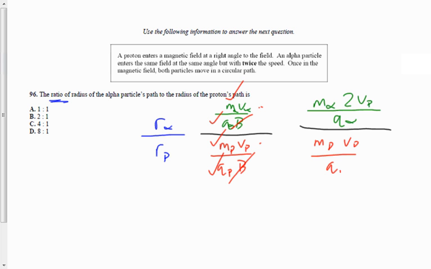V proton cancels, and I'm left with this number, which I can plug in, times 2 over this number, which I can plug in, to get a number. I can't remember what it works out to be. Let's say it's 4. I don't know if it's 4 or not, but let's say it's 4. What's my answer? It would be C, right? 4 to 1 ratio. Does that make sense? All right.